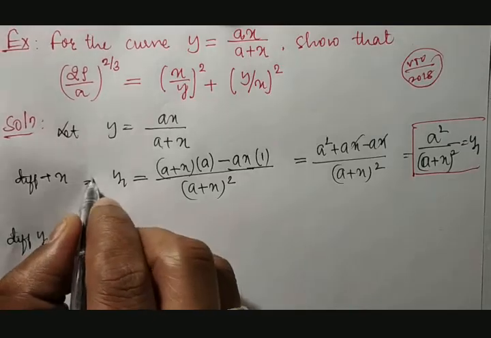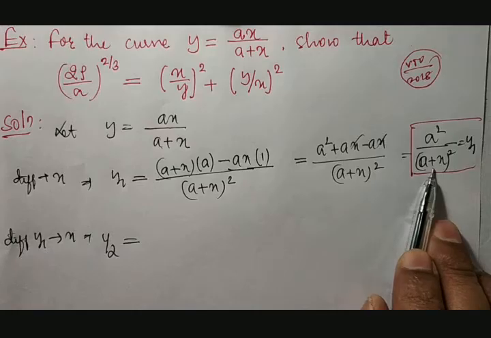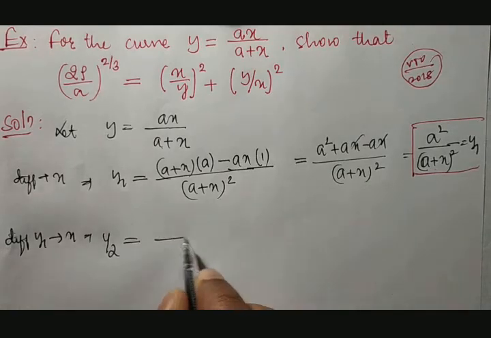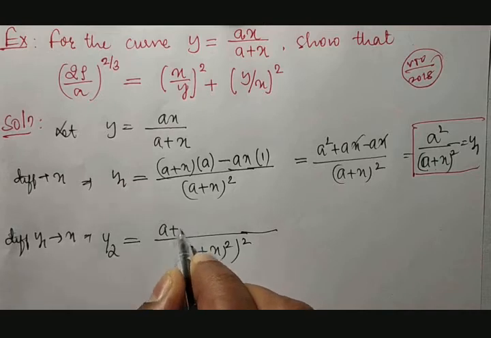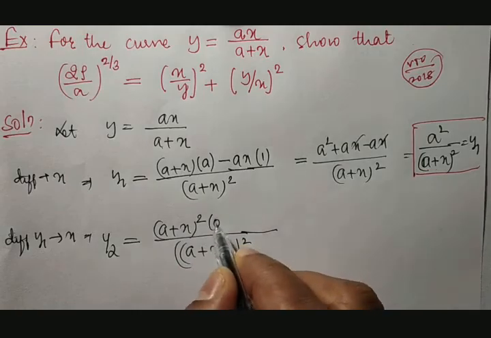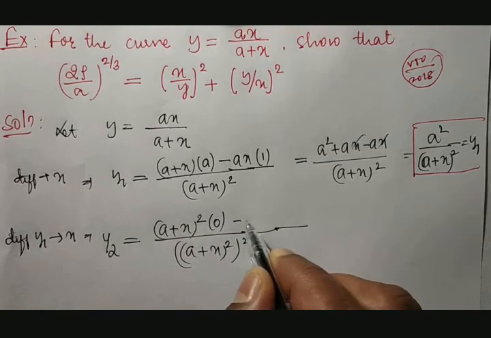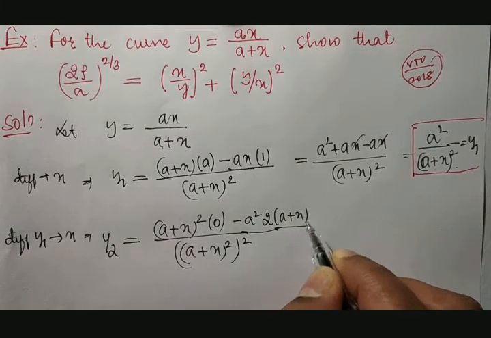Then what is y2? a plus x the square, that into differentiation of the numerator is 0 because a square, minus a square into differentiation of this is 2 times a plus x into 1.